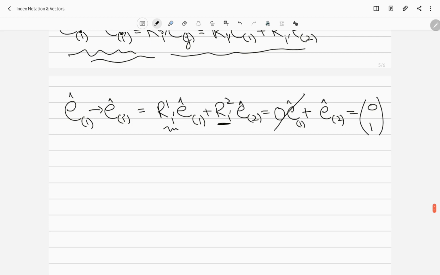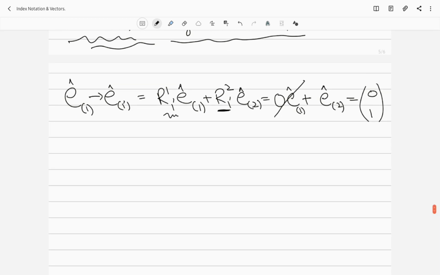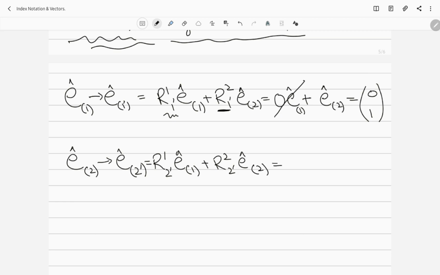Now let's look at E hat 2, which transforms as E hat 2 prime. We'd do the same procedure, so we would have R1 2 prime this time, E hat 1 plus R2 2 prime E hat 2, which this time would give you negative 1 for this one.